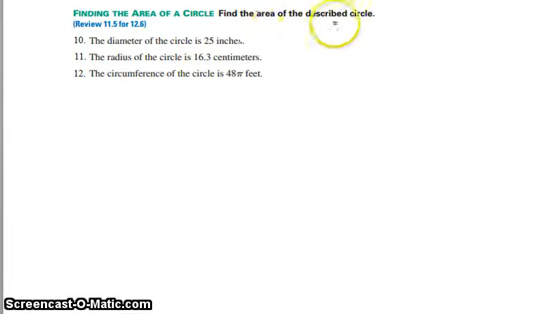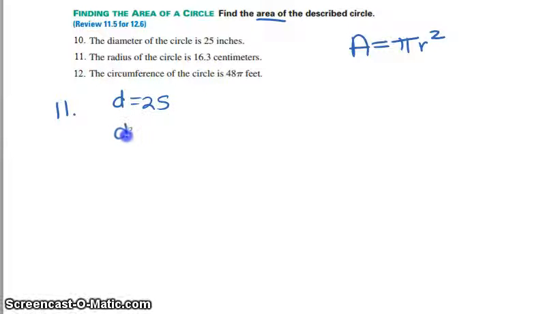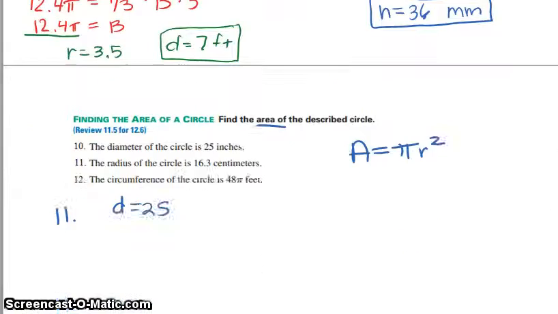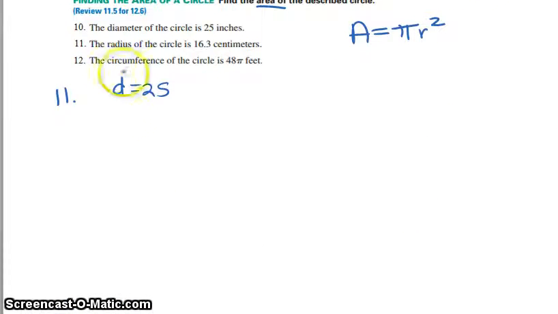Okay, so they want me to find the area of the circle. So remember, area is pi r squared. They said find the area if the diameter is 25. Well, I need the radius. If the diameter is 25, that means my radius is half of that.